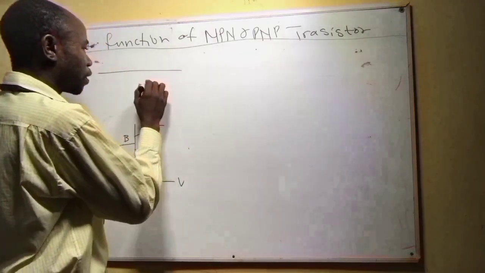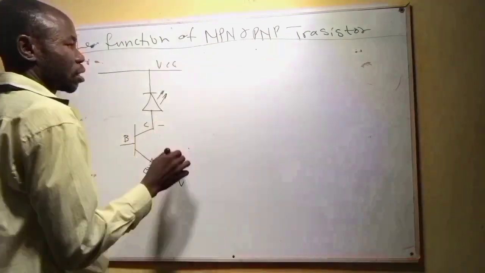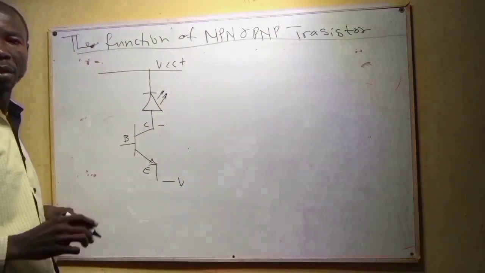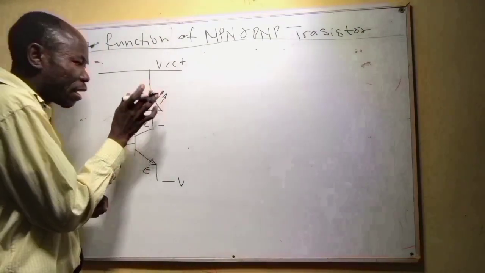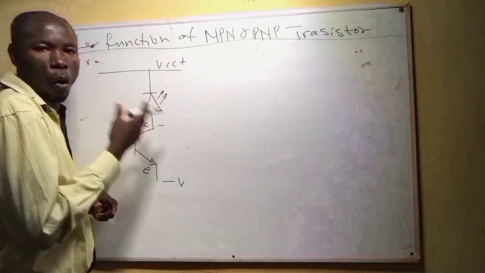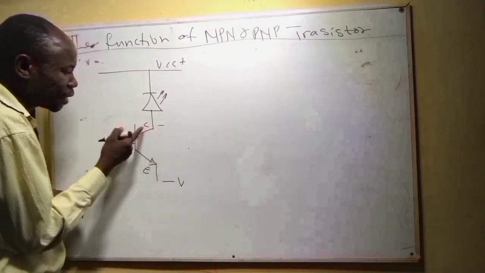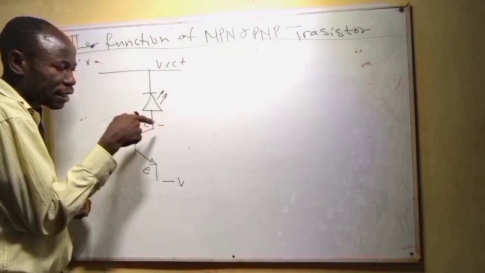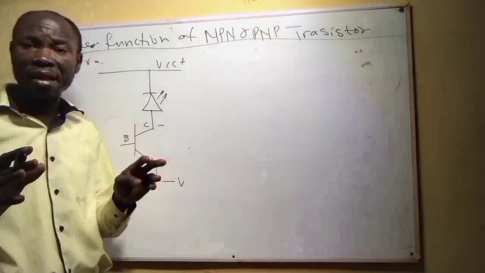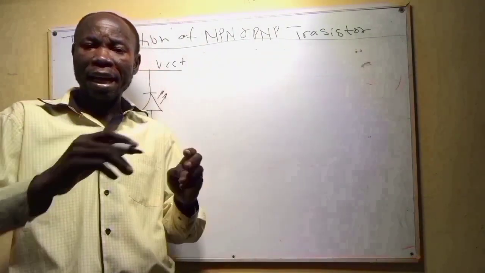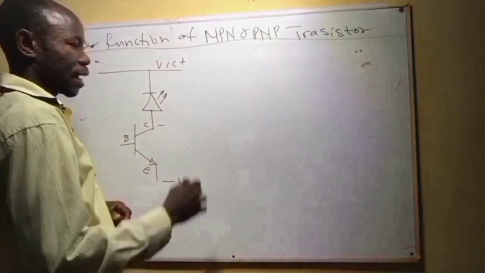This is a positive line, which is VCC, or the positive. Before this light will come on, the collector must release the negative. Okay, you see, the transistor is just like a tapping pipe, like this.